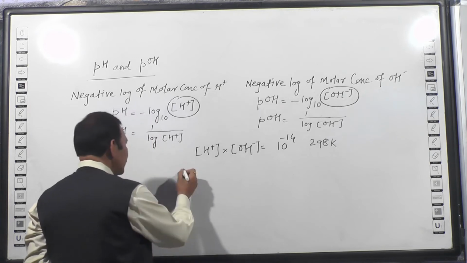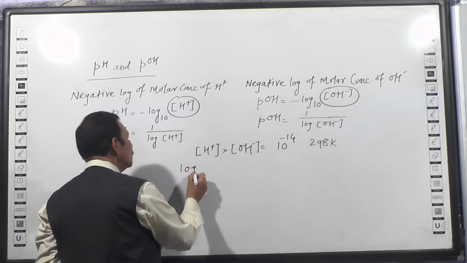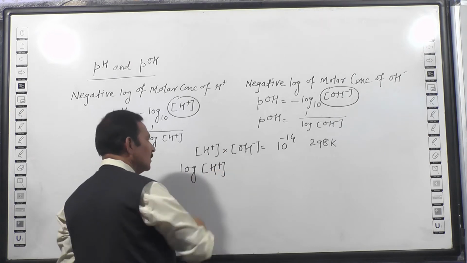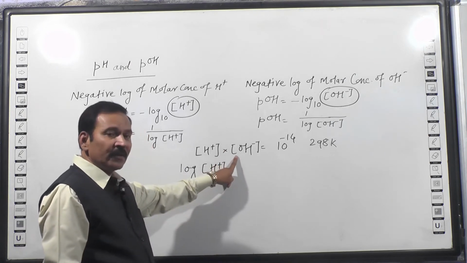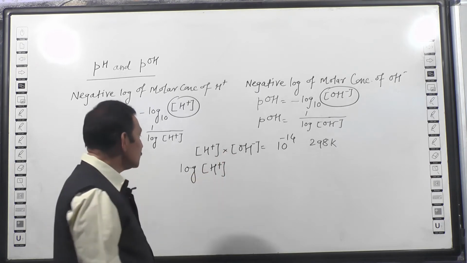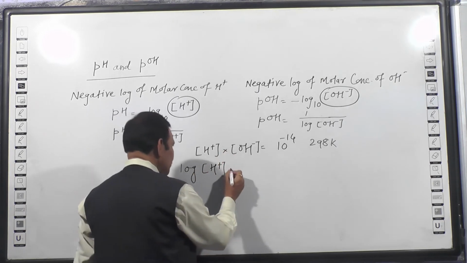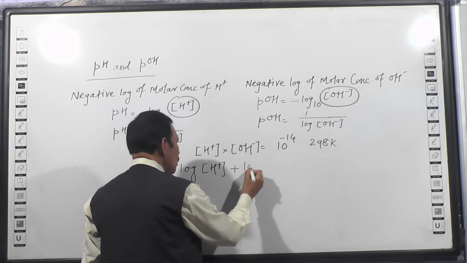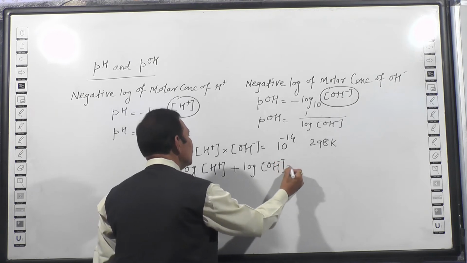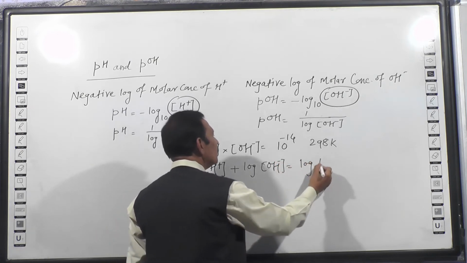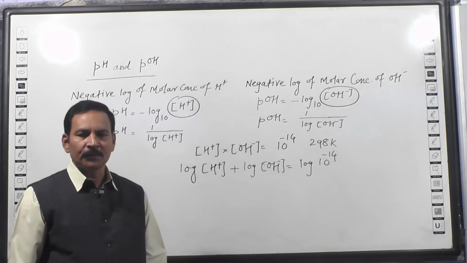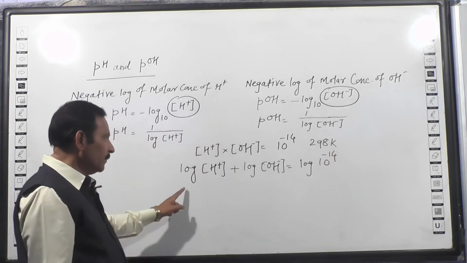Now if I apply log to both sides, log of H plus ion concentration, A into B is log A plus log B. So here multiplication, in log, will become addition. So log of H plus ion concentration plus log of OH minus ion concentration is equal to log of 10 to the power minus 14. Everywhere the base is 10.